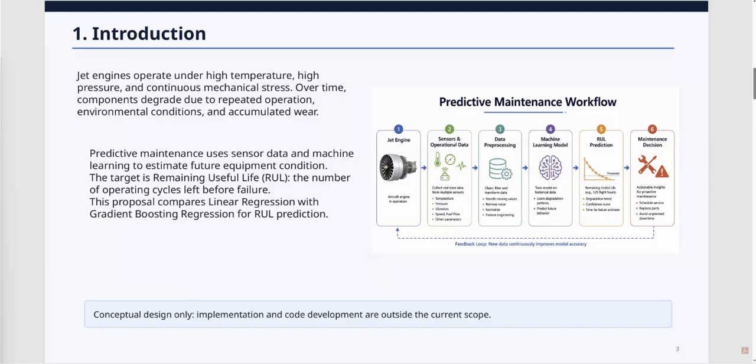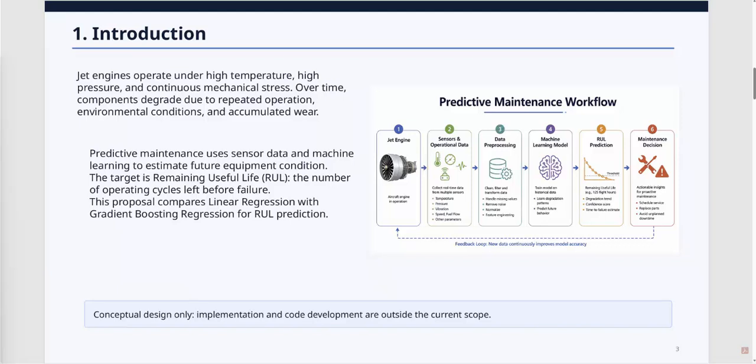Predictive maintenance uses sensor data and machine learning techniques to estimate the future condition of the equipment. In the context of jet engines, sensor readings collected during operation can be used to detect patterns of degradation and predict the engine's remaining useful life, which is RUL.